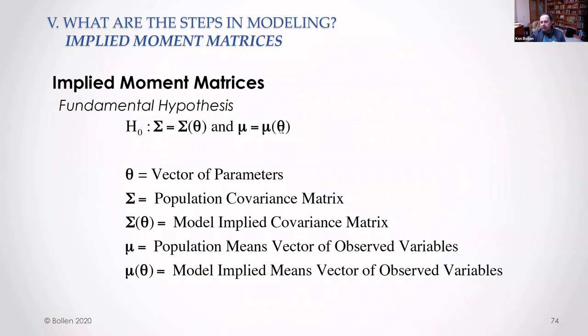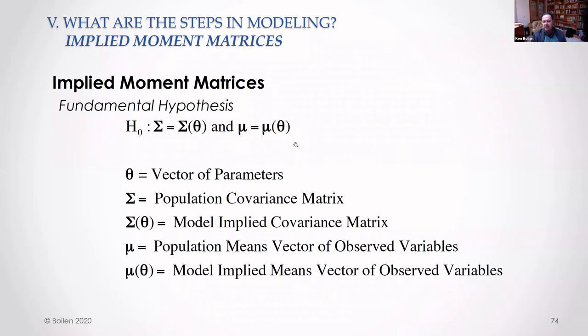Another nonlinear function of those same parameters will exactly predict the mean vector of the observed variables. So this is a very strong hypothesis. It's saying you get an exact prediction of both the mean vector and the population covariance matrix of the observed variables based on your model structure, and that null hypothesis will be true if your model's true.